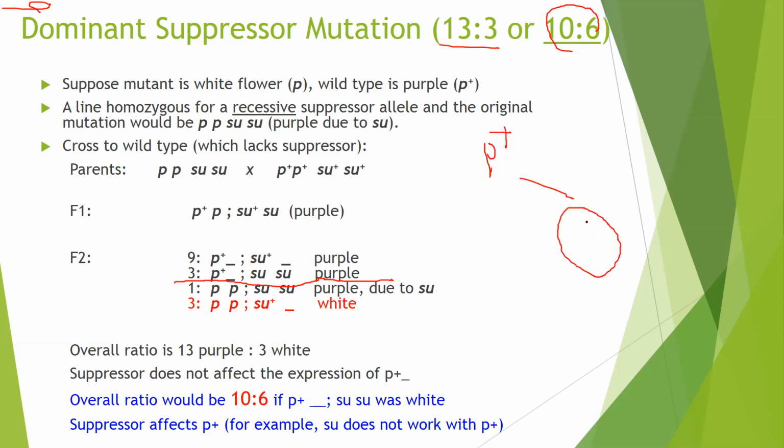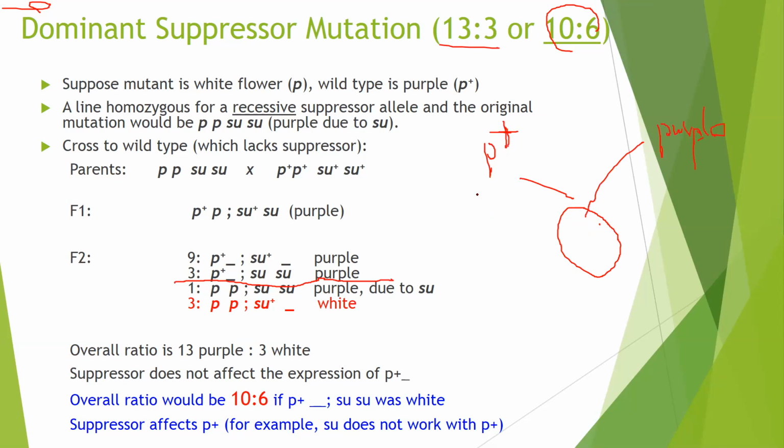So the protein itself can determine the purple flower. Suppose the wild type P gene will produce some protein which can work by itself to produce the purple pigment, right? Then this will give us the purple.